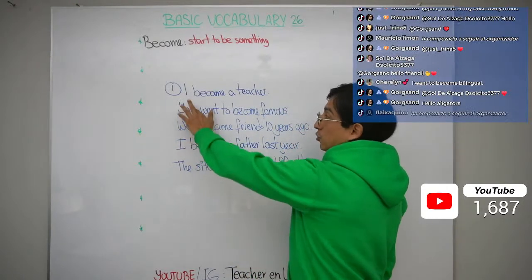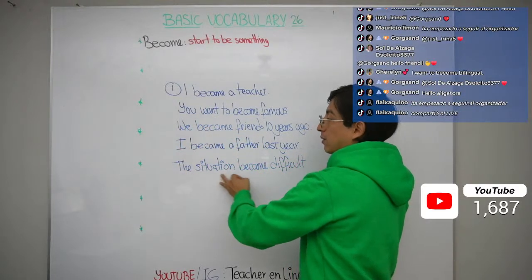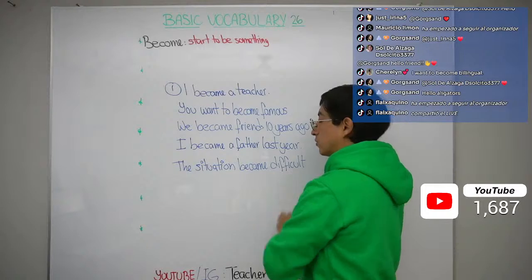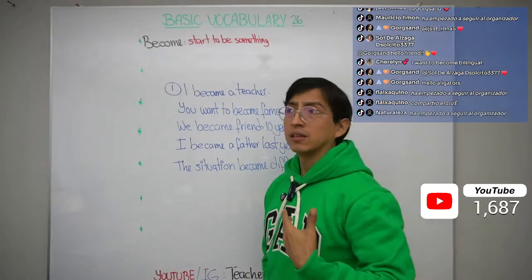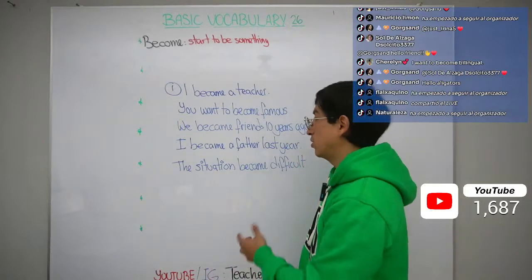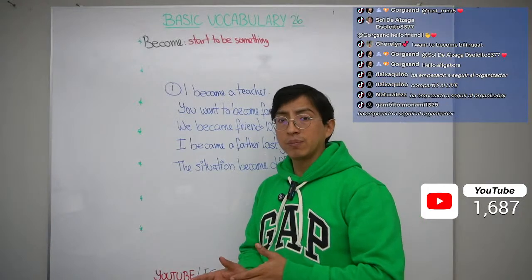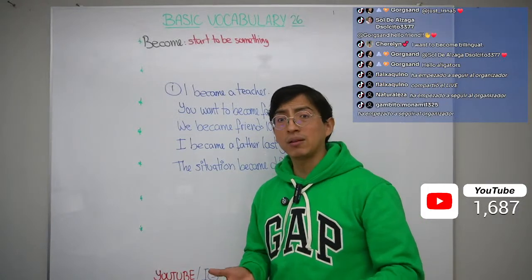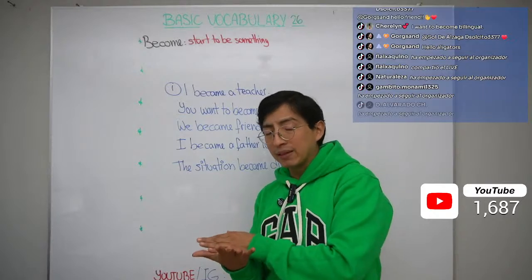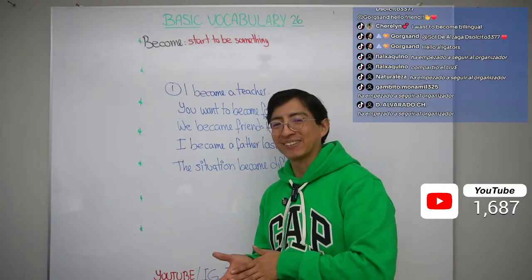Ahora, recuerden que podemos utilizarlo para personas o también para cosas. Por ejemplo, the situation became difficult. La situación se volvió o se convirtió en algo difícil, ¿no? Se volvió difícil. Por ejemplo, en la pandemia, ¿no? Antes de la pandemia, pues, bueno, era una situación manejable, pero durante la pandemia fue una situación muy difícil, tanto para empresas como para personas.